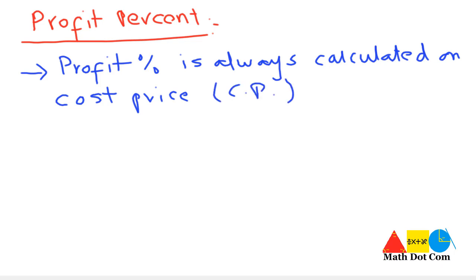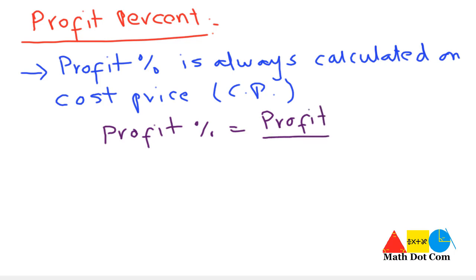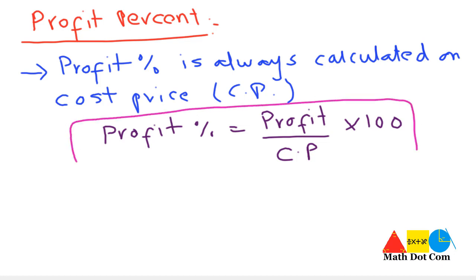Now let's see how to calculate the profit percent. The formula of profit percent is profit percent equals profit that a trader has got, as we found in the last example, divided by cost price multiplied by 100. So this is the formula of profit percent.